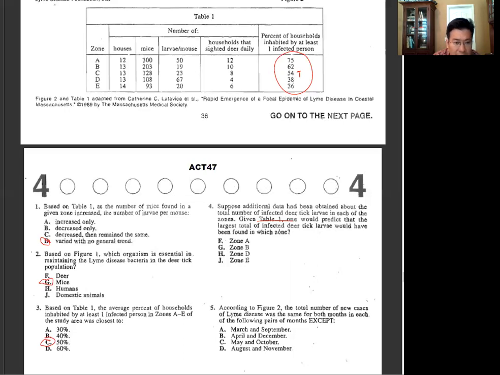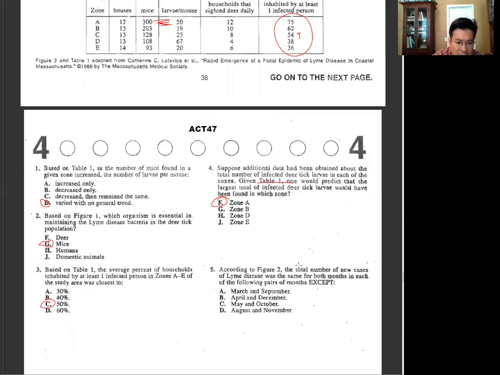So the largest one we can see is probably by multiplying mice times larvae per mouse; the largest is the biggest number. It looks like A is 15,000, which is huge, and everything else is less. So we probably say zone A is the largest.